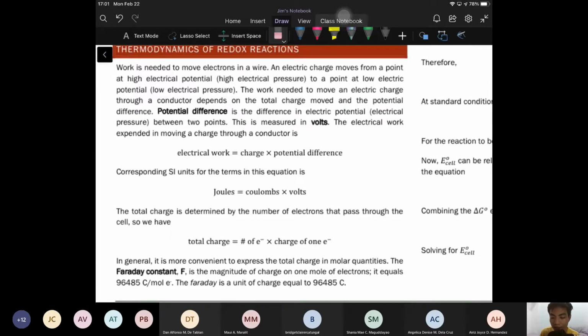Okay. So again, ano yung charge? Yun yung coulombs of the electron. Coulombs talaga basa nila dyan. Yung potential difference, ito yung nasusolve natin na E cell. Pag pinag-multiply mo yung coulombs and yung voltage, you will get the electrical work in units of joules.